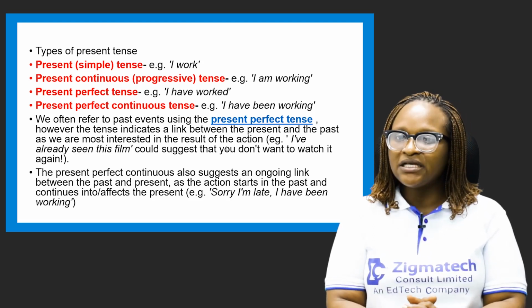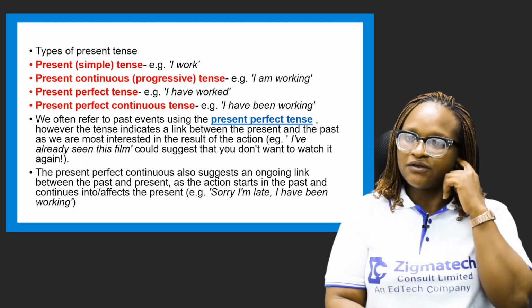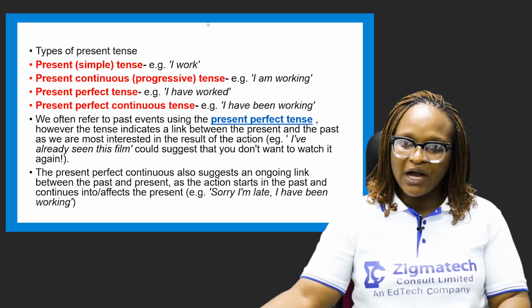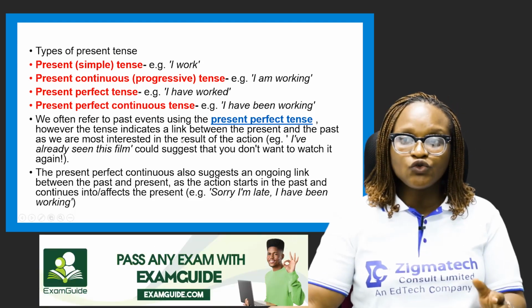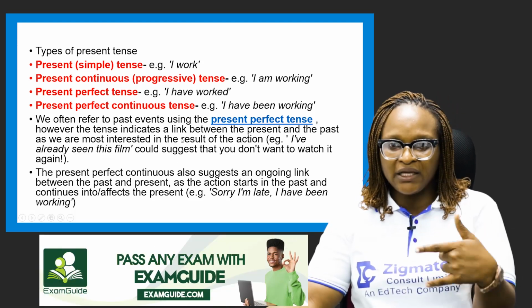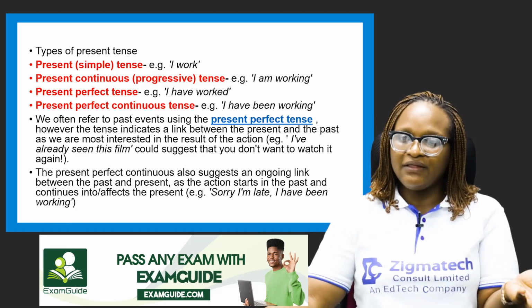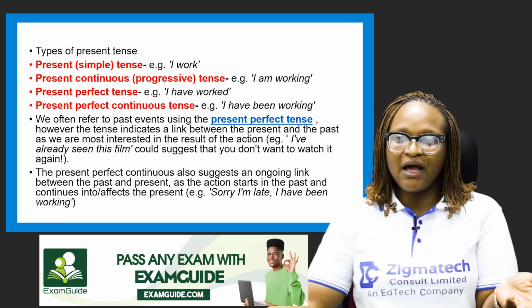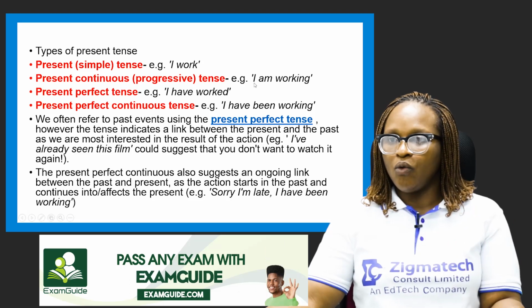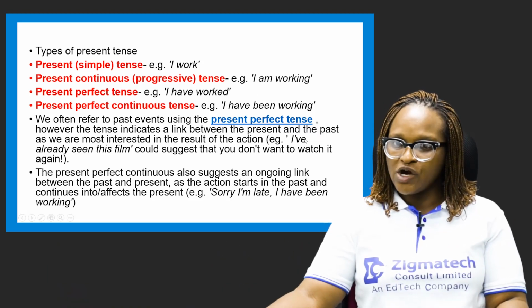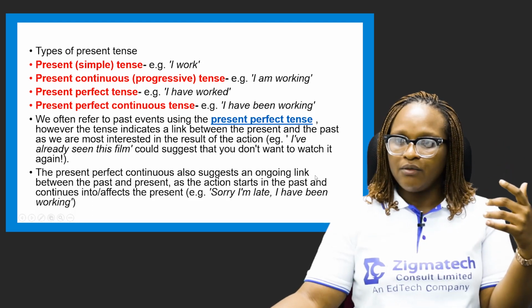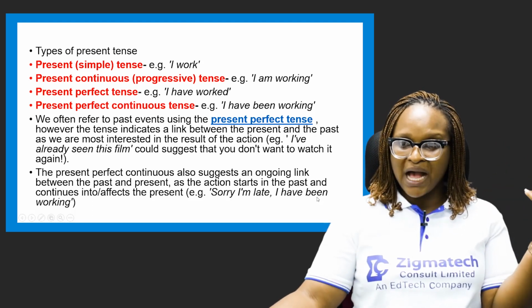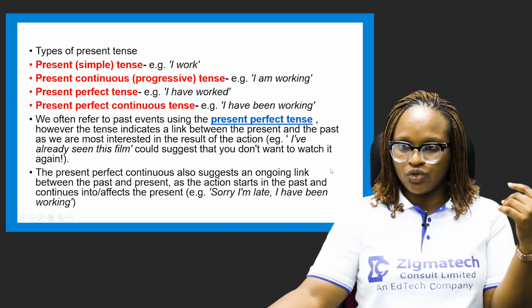So it's what you have done and you don't want to see it again. The present perfect continuous also suggests an ongoing link between the past and the present. Sorry, I'm late. I have been working. It suggests a link between the past and the present. This been shows past. Then have is what is showing present.